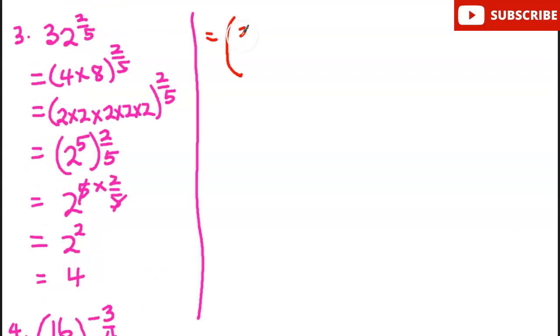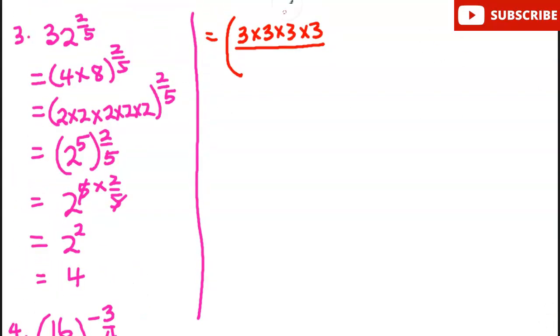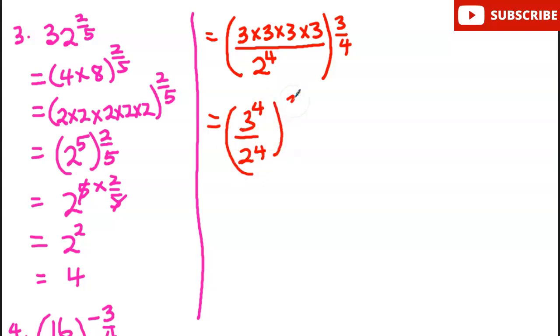So this 27 can also be written as 3 times 3 times 3, and then 2 multiplying itself 4 times can be written as 2 to the power 4. And then this can be written as 3 is multiplying itself 4 times, so 3 to the power 4 on 2 to the power 4, all raised to the power 3 on 4.